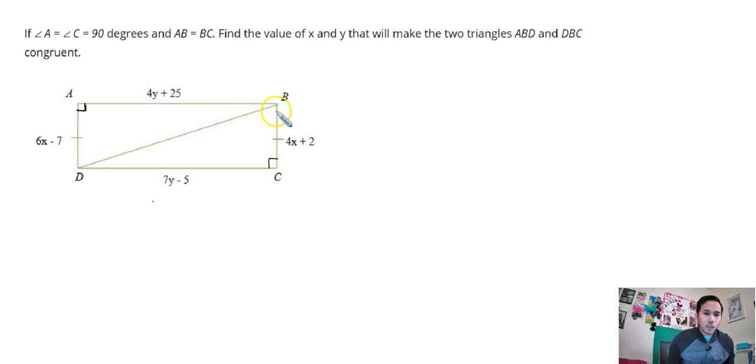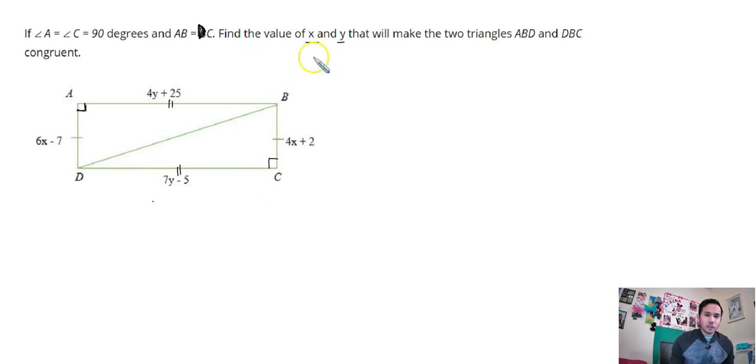All right, let's see that. Find the value of x and y that will make the two triangles ABD and DBC congruent. Let's see. So AB is equal to DC, and then we have, of course, this will be congruent. And based on the symbol, AD is also congruent to BC.